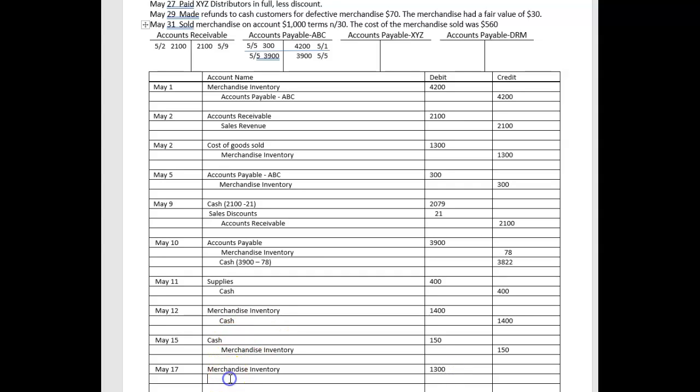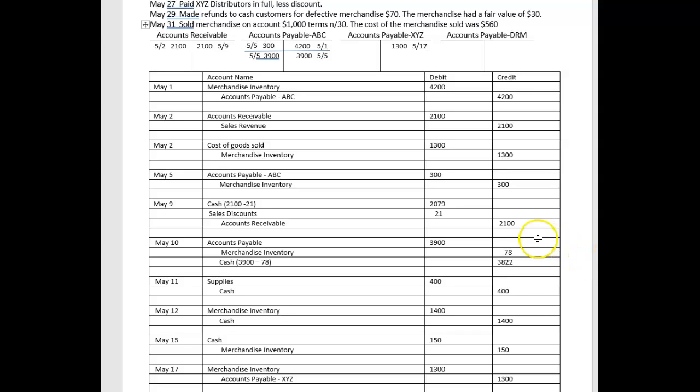And credit, increase the liability, accounts payable, to XYZ Company, and that's 1,300. And let's go ahead and post the 1,300 to the T account for accounts payable XYZ.